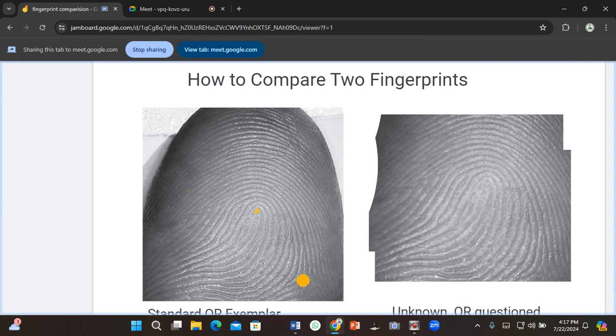We start from here, as long as we have a space between the two. 1, 2, 3, 4, 5, 6, 7, 8, 9. We do not count the core, the innermost ridge where we placed our core. So our ridge count is 9.